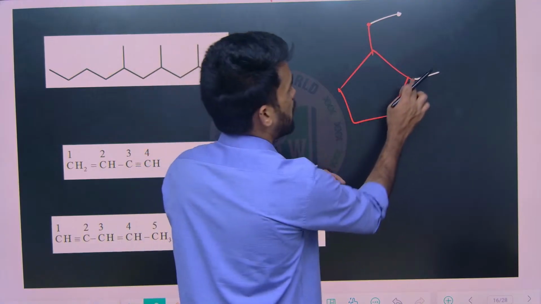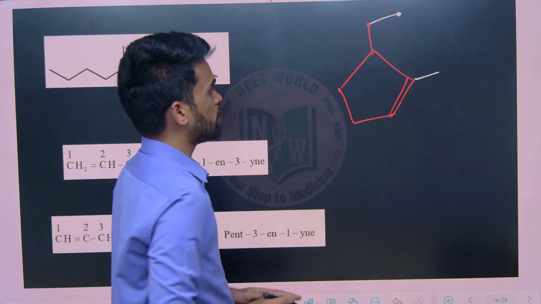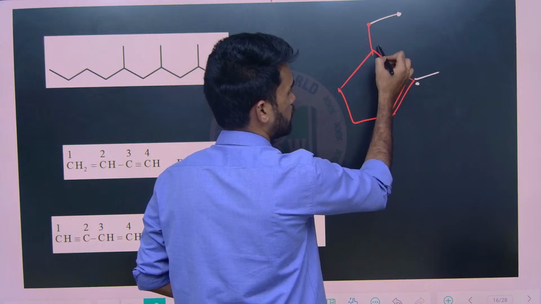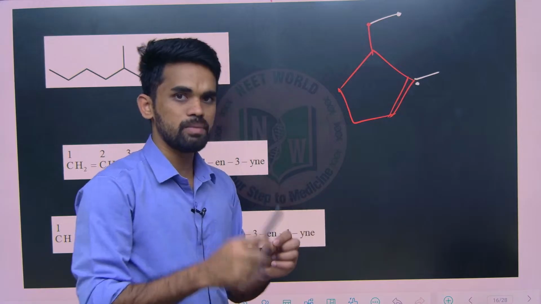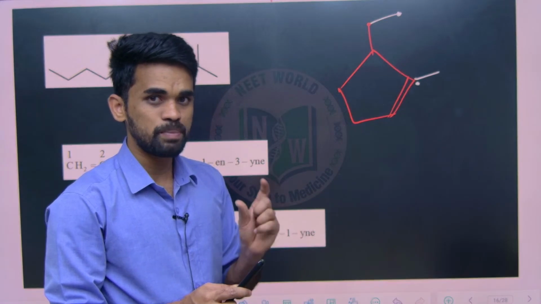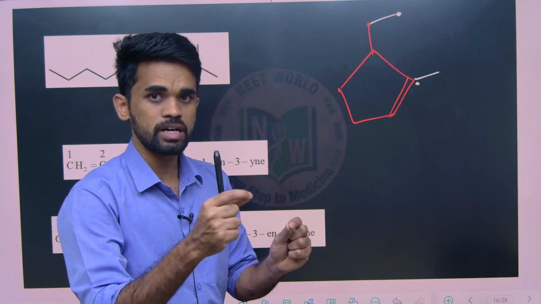We have a pi bond here, so this is our functional group. Now from where should I start? Either from here, or from here, or here. Tell me. Always remember the substituent should get the minimum number. Once again, first identify the principal functional group, start numbering from it, and your substituent should get the minimum number possible.